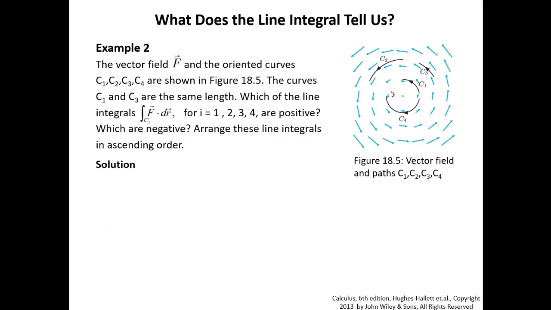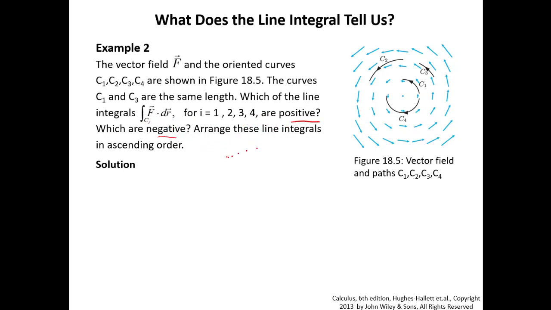Okay, here we are. So first of all, we're given a vector field, so we've got some kind of a circular one, maybe we're inside a tornado, it looks like. And we've got these oriented curves, C1, 2, 3, and 4, and again, they could be objects that are traveling along these paths. And so then we want to see which of these integrals would be positive and which would be negative.